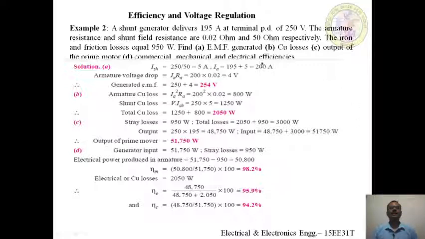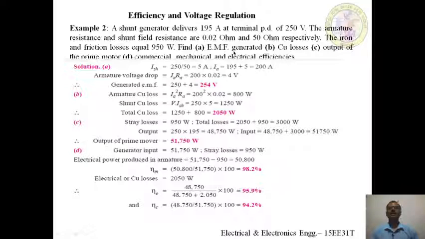The given data are: load current 195 ampere, V is 250 volt, the armature resistance is 0.02 ohm, and RSH is 50 ohm. The iron and friction losses are given as 950 watt.